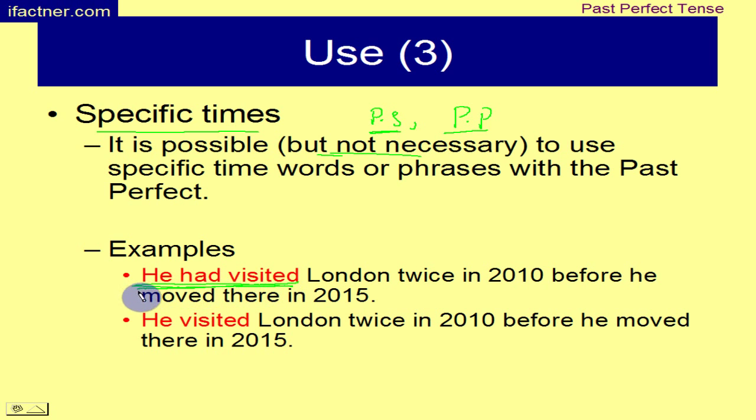Either we can use past perfect tense for this scenario, or we can say he visited London twice in 2010 before he moved there in 2015. Both the usage of past perfect tense and past simple tense in this situation is correct.